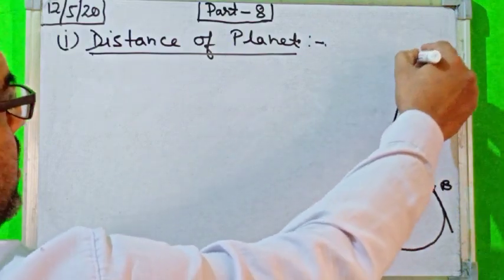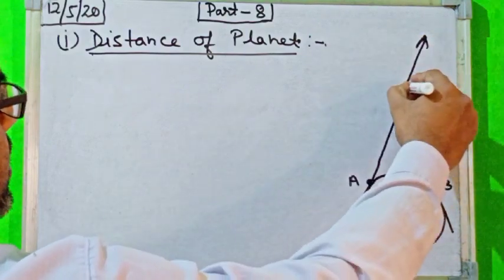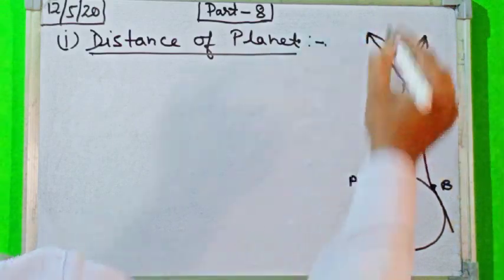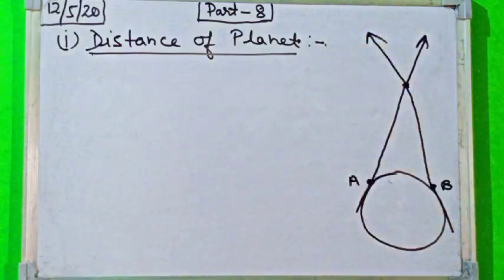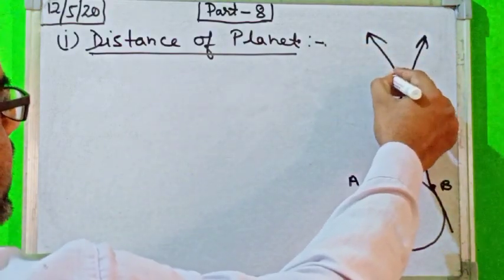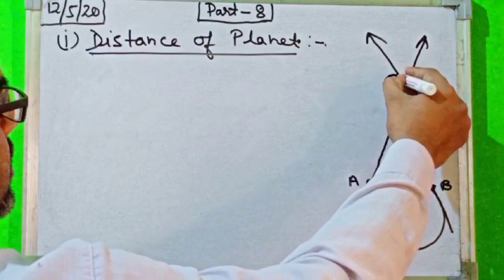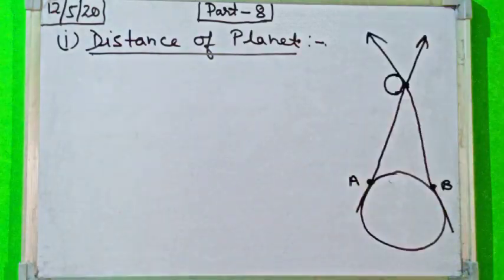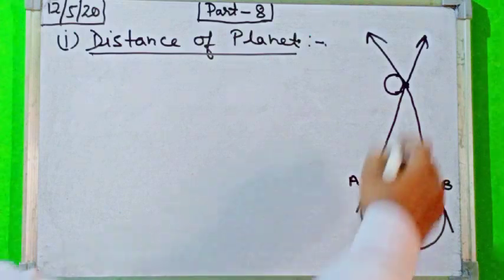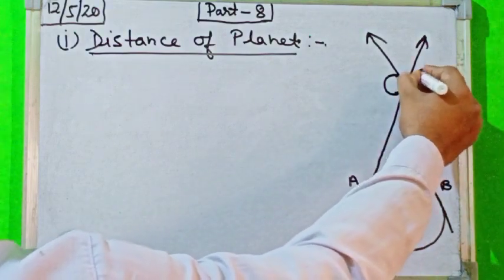This is the line of sight for the first observatory. This is line of sight for the second. And planet is situated somewhere. Here the planet is situated.